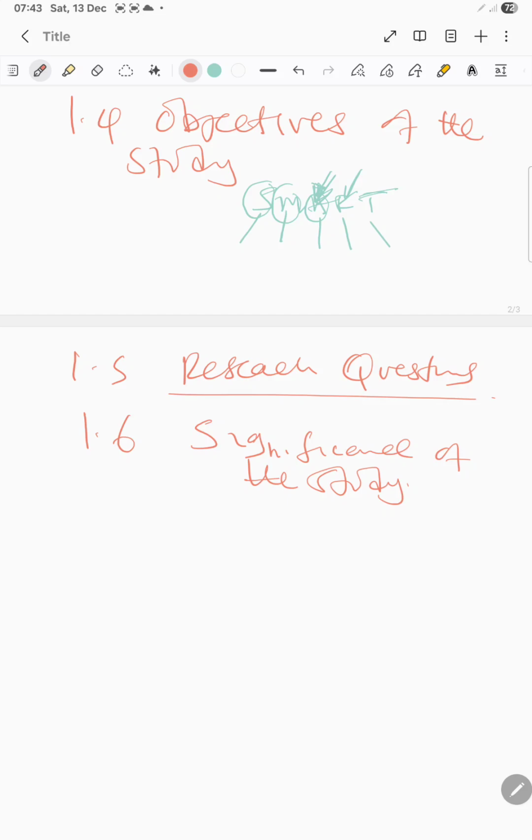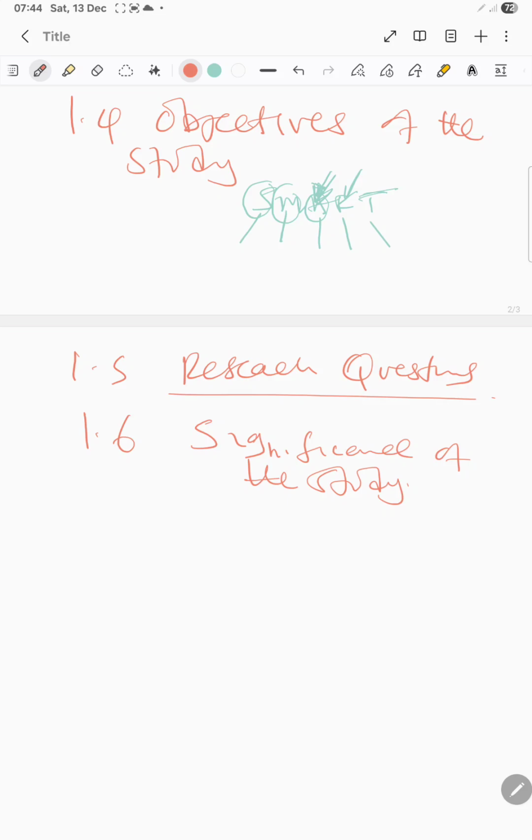Other significance of the study that you can put in research depends on the topic that you are writing. So for instance, if you're writing a topic looking at why learners fail mathematics at grade 12, one of the significances of the study that you can write is to help the curriculum developers to adjust the methodologies on how grade 12 learners should be taught.